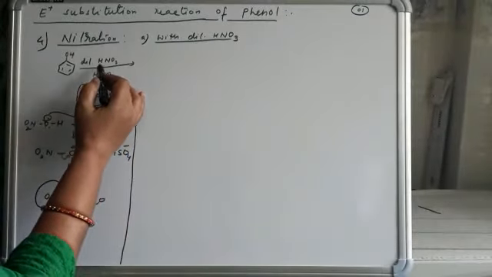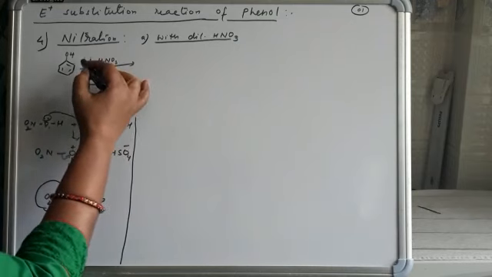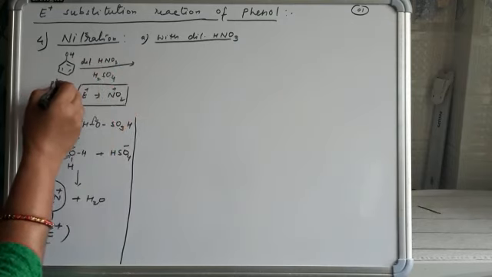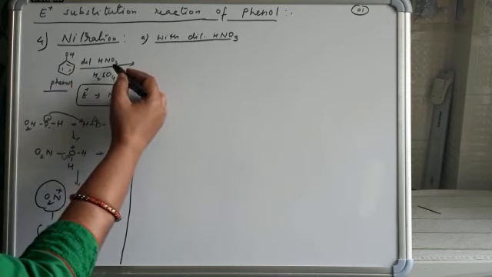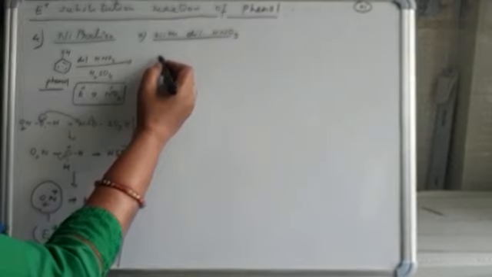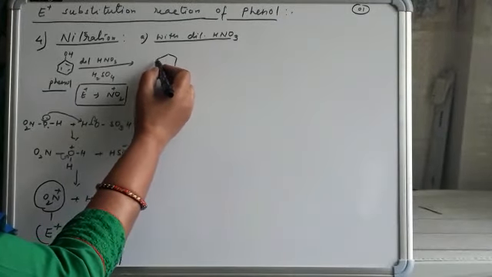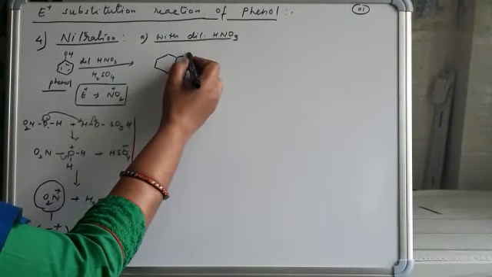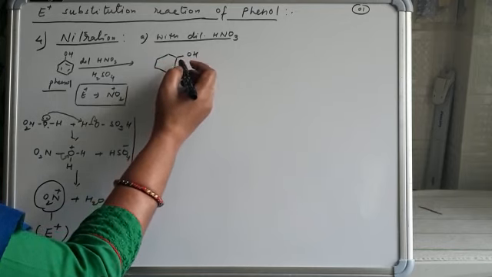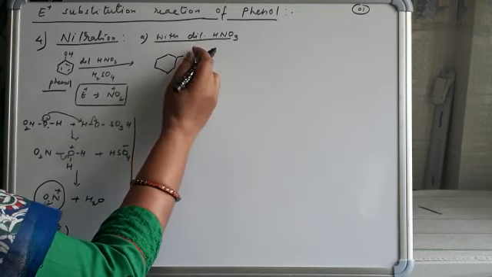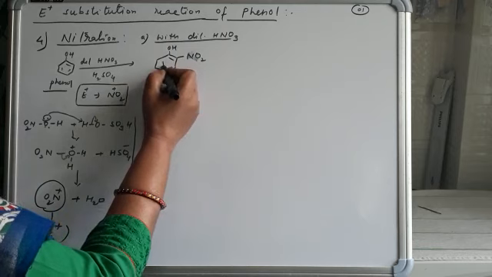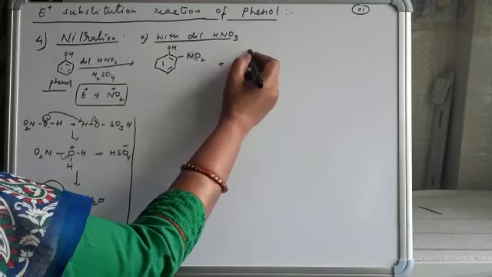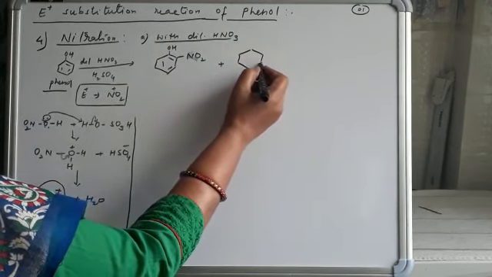With dilute nitric acid, phenol, when treated with dilute nitric acid and the nitrating mixture HNO3 and H2SO4, the formation of ortho-nitrophenol and para-nitrophenol takes place.